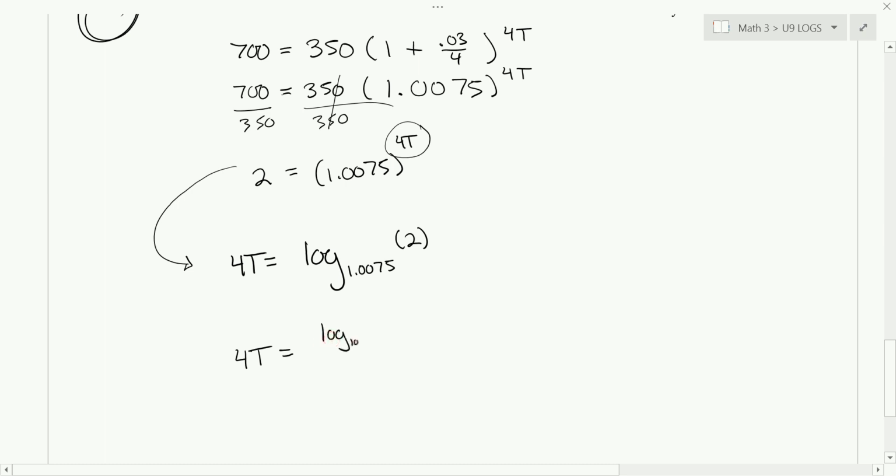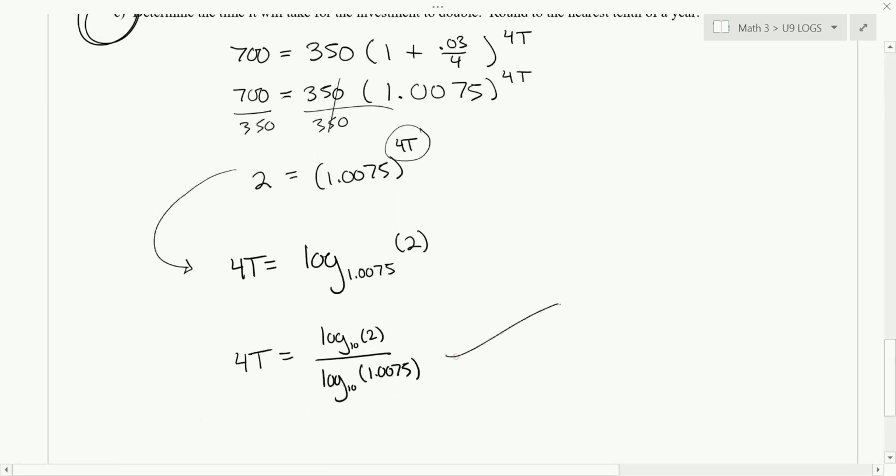So log base 10 of 2 over log base 10 of 1.0075. Or you can use natural log. You could use either one. Okay? I wrote the 10 there just to emphasize that there's a 10 there. You don't have to write that though, and your calculator doesn't have that. Okay. So now you're able to use your calculator, right? You can divide the logs, and then you can solve for t.